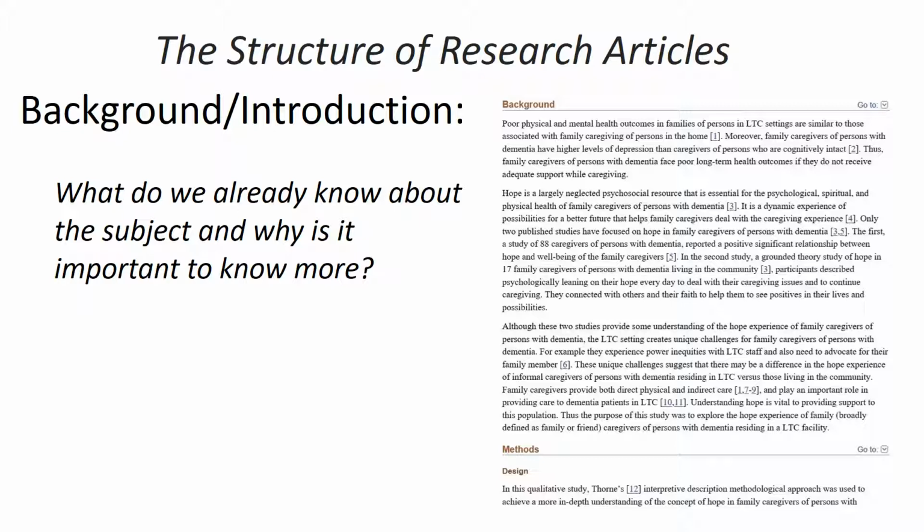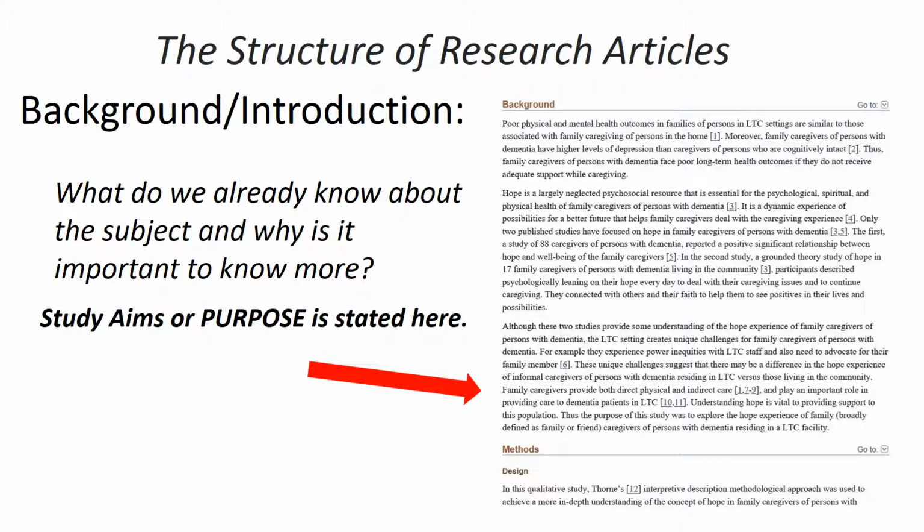In that section, you're going to have the study aims or the purpose of the study that they performed. And you'll find that in the last paragraph of the background section, which is the paragraph right before the method section. We'll come back to that.